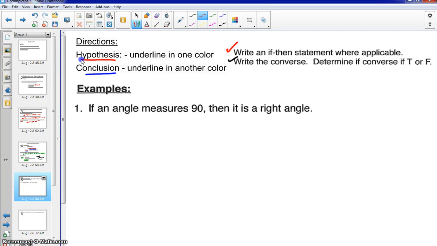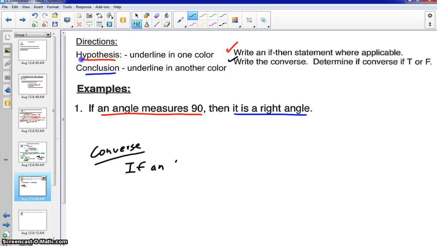So our first example, if an angle measures 90 degrees, then it is a right angle. So let's go ahead and underline the hypothesis, which would be in red. That's the if portion. An angle measures 90 degrees. The conclusion, which is the then portion, underline in blue. It is a right angle. Next, the converse, again, we want to write the reverse, switch our conclusion and our hypothesis.